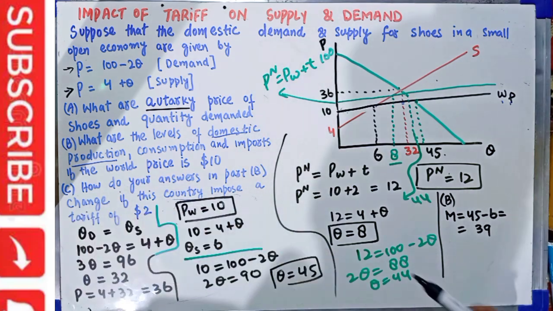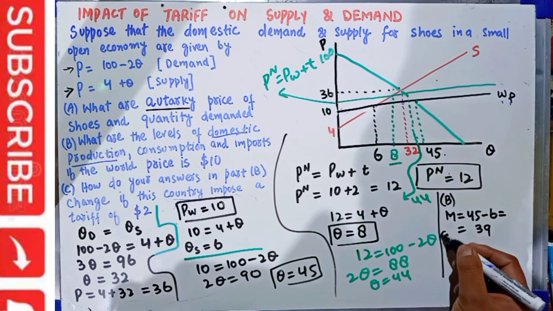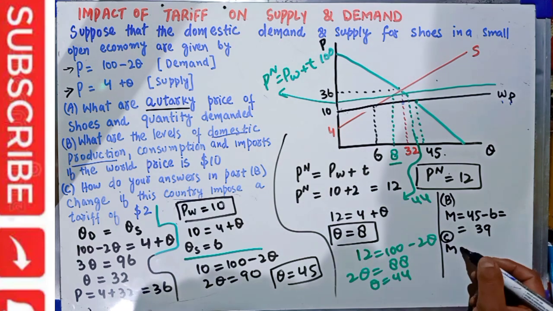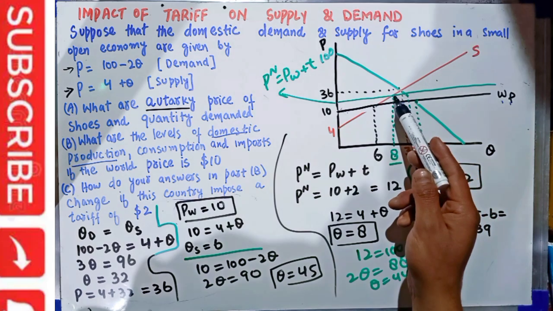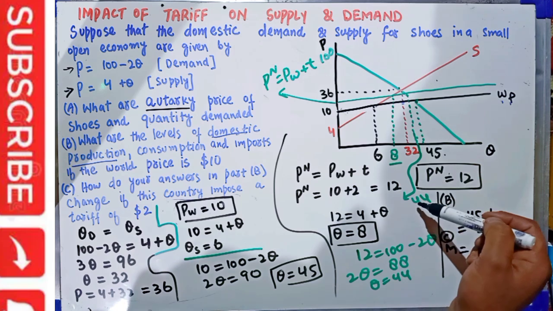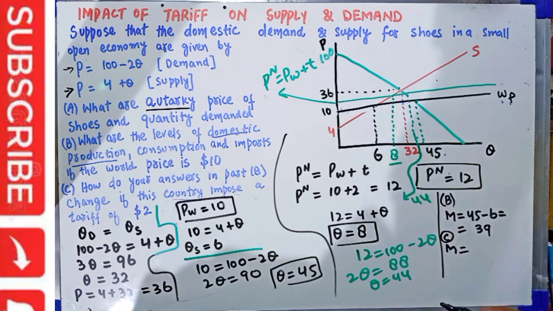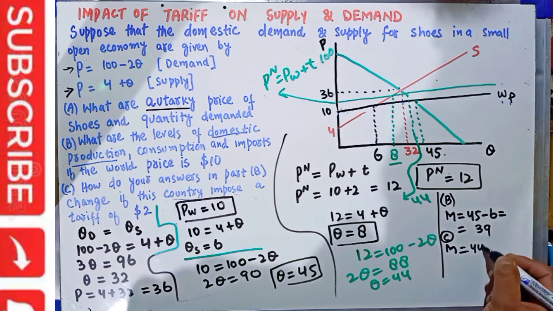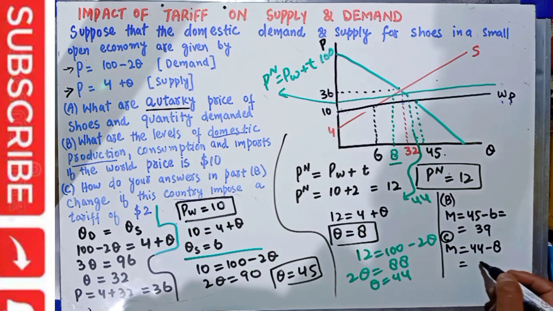In the third part, the imports will be equal to, quantity supplied was 8 units and quantity demanded was 44 units. So 44 minus 8 comes out to be 36.